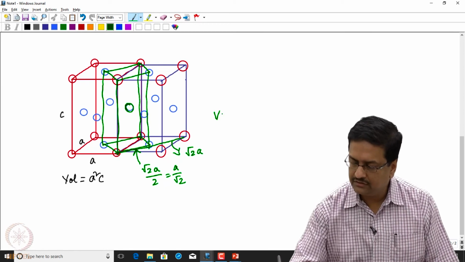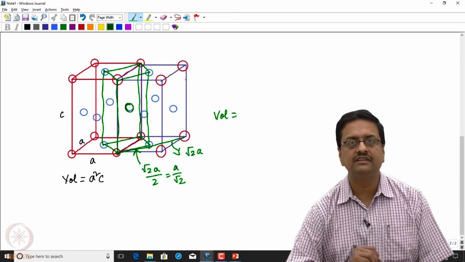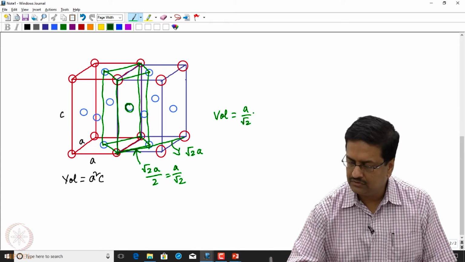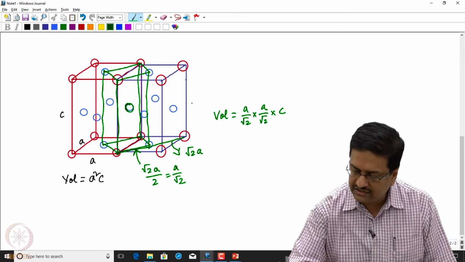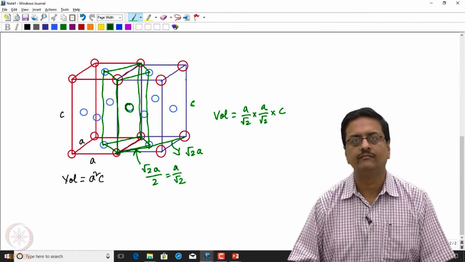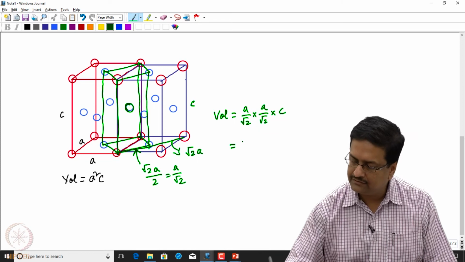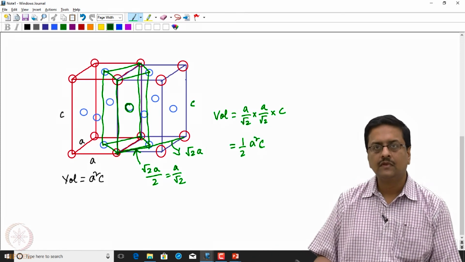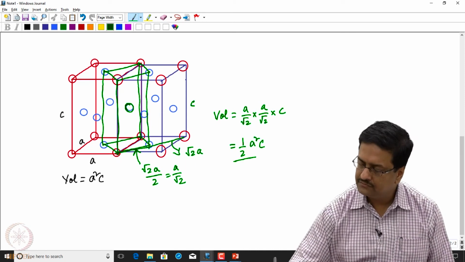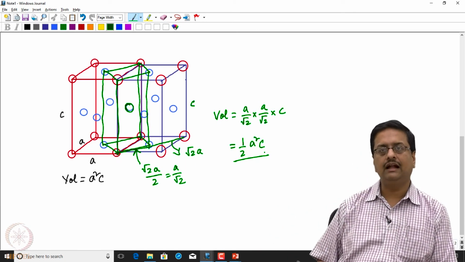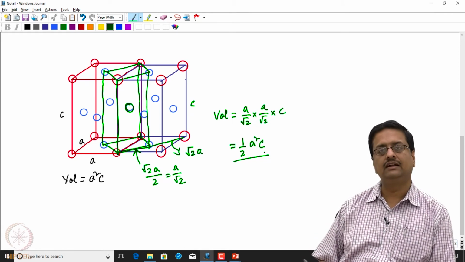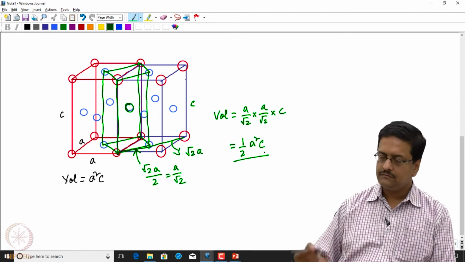So, the corresponding volume of this green lattice is a by root 2 into a by root 2 into c, because the height has not changed. So, what we have is half a square c. So, the volume of this green lattice is half that of the original red lattice which we had drawn at the beginning.